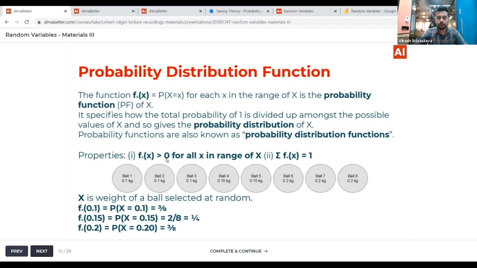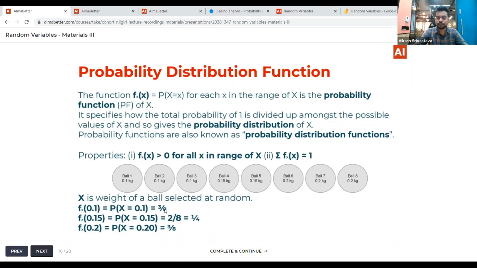Let's verify these two properties. The first property is that all the values of f of x should be greater than 0. In this case we can see that this is greater than 0, this is again greater than 0, and this is again greater than 0. So our first property is satisfied. The second property is that all these individual probabilities will add up to 1.